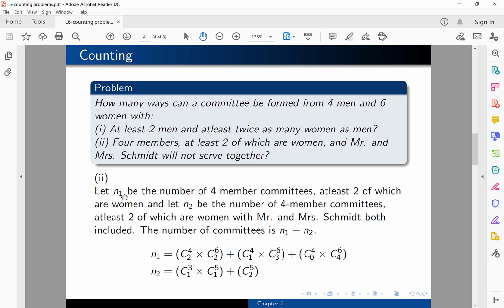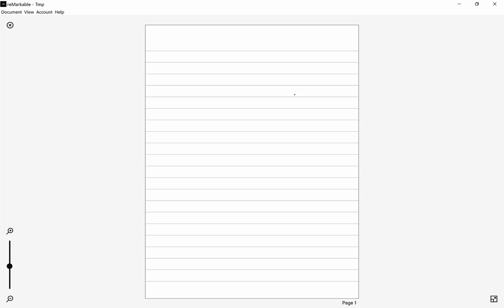So let's see, how do we calculate N1, right? All we care about is that we have 4 people and at least 2 women. So we can have 2 women, 2 men; 3 women, 1 man; 4 women, and 0 men.